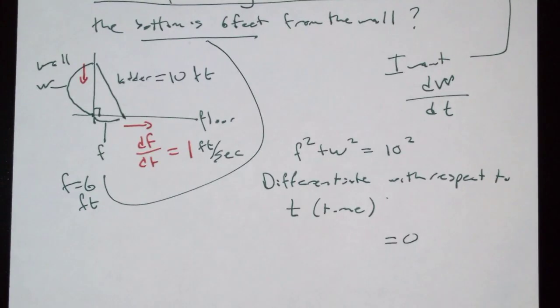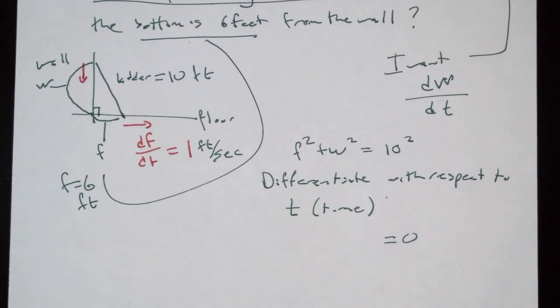But those other two things are changing in time, so I need to think chain rule. What's the derivative of F squared? But wait, there's more. Because that's the derivative with respect to F, and I want the derivative with respect to T. What does the chain rule tell me I need?